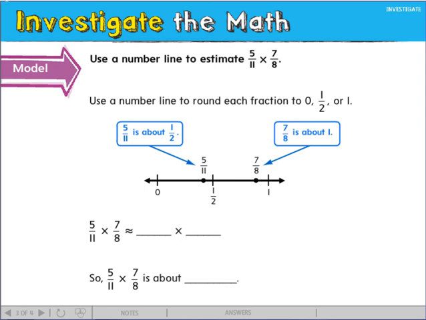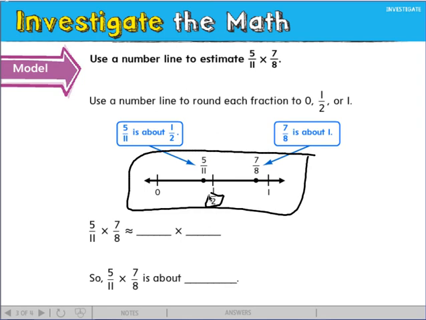I don't like it. I think that this is difficult. How can you compare fractions without like denominators? Can you compare fractions without like denominators? No. I don't think so.